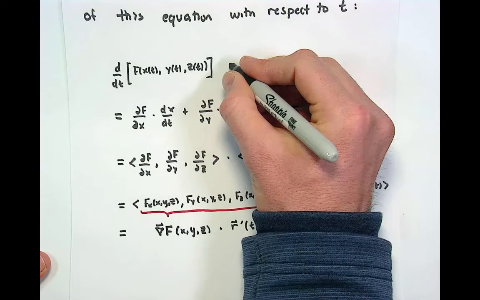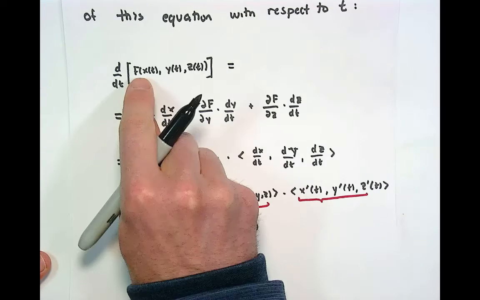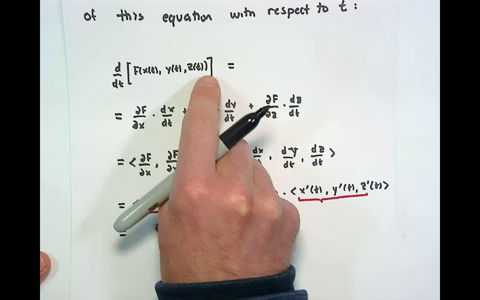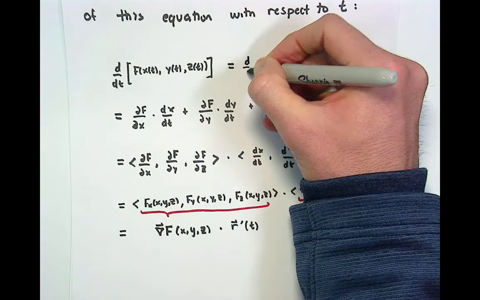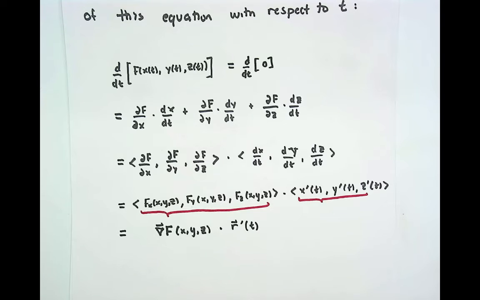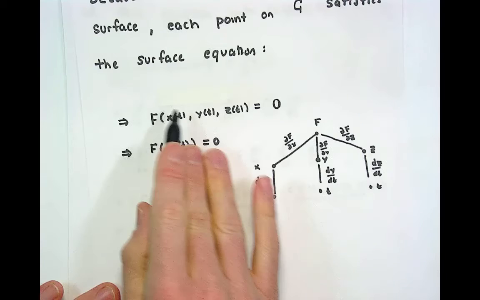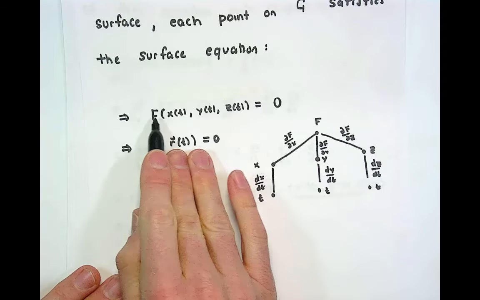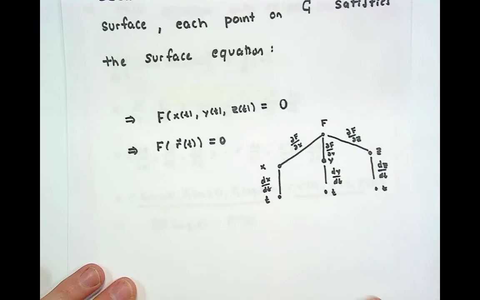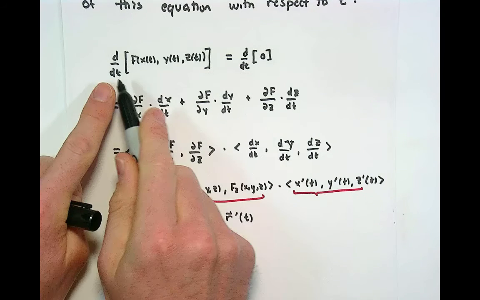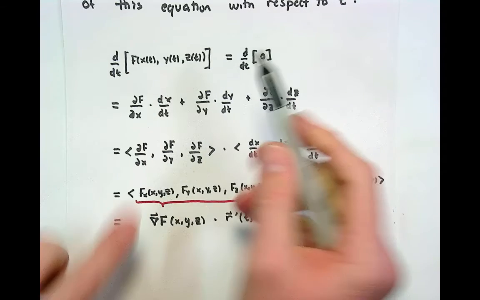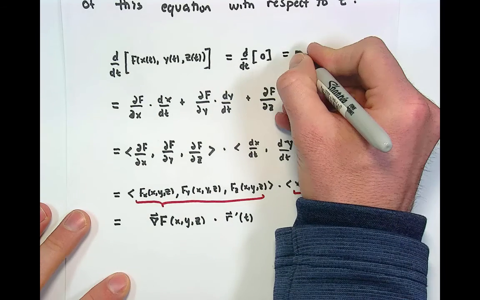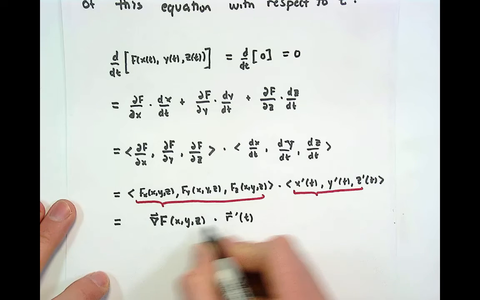But remember that the entire equation here, when we had f of x of t, y of t, z of t, this equation was equal to 0, right? Because remember, the curve itself lied on the plane, so it must satisfy the equation of the plane, which means when we take the derivative of the left-hand side, it's got to equal the derivative of the right-hand side. But what's the derivative of 0? Of course, it's 0.